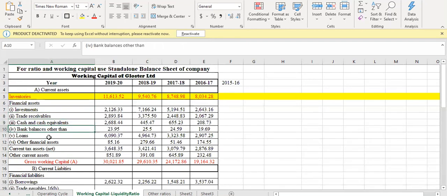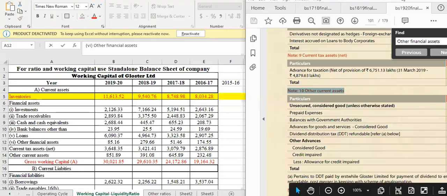It is bank related data. It is loans related data. Other financial assets may be something like mutual funds, preference shares, or FDs that they might be writing here. But you can go through this working note also, the sixth working note that you have to see in the balance sheet.